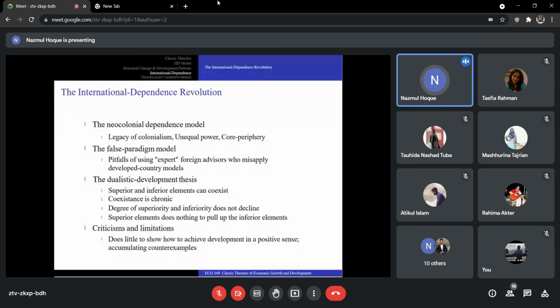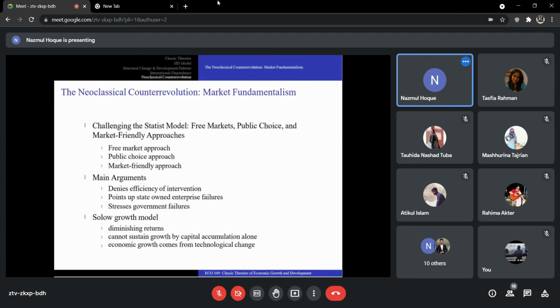So this neoclassical counter-revolution challenges the statist model, where the statist model would be the idea that the state or the government is going to decide what should be used or how it should be produced.